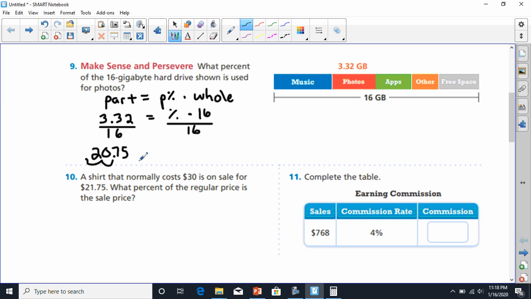I'm turning it into a percent. It's going to turn to 20.75%. Or I could say, if I round it up, it's about 21%.